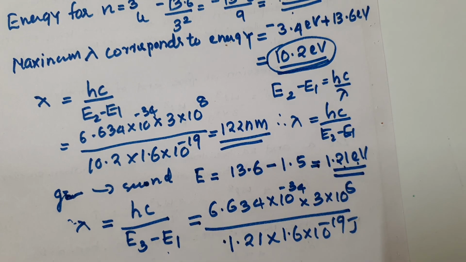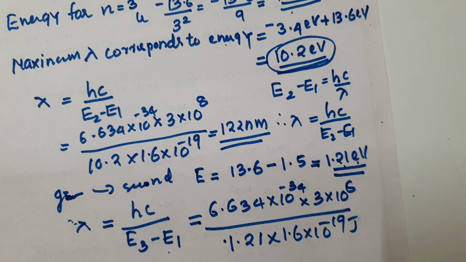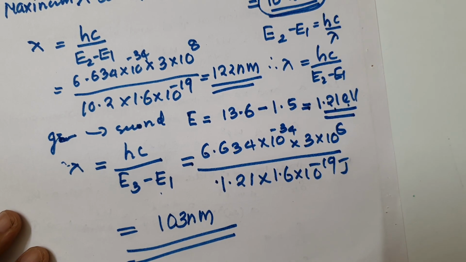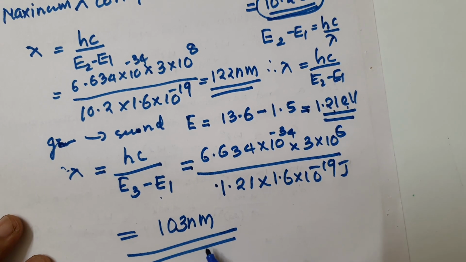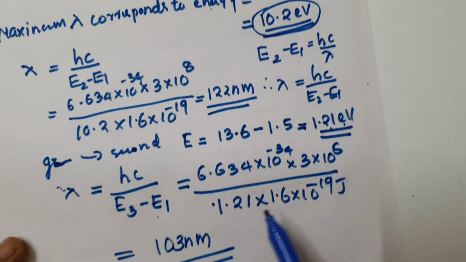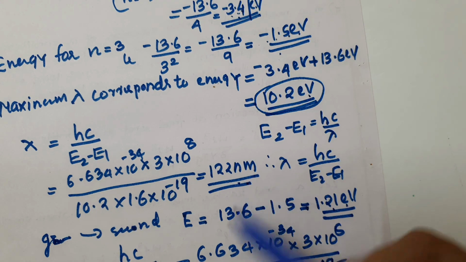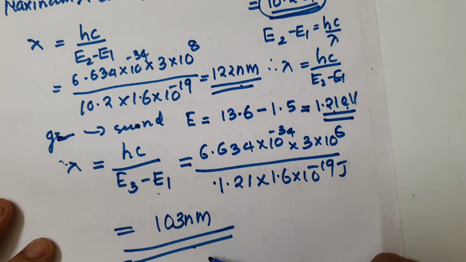And this will give a value of 103 nanometer. So the first maximum wavelength is 122 nanometer and the second is 103 nanometer.